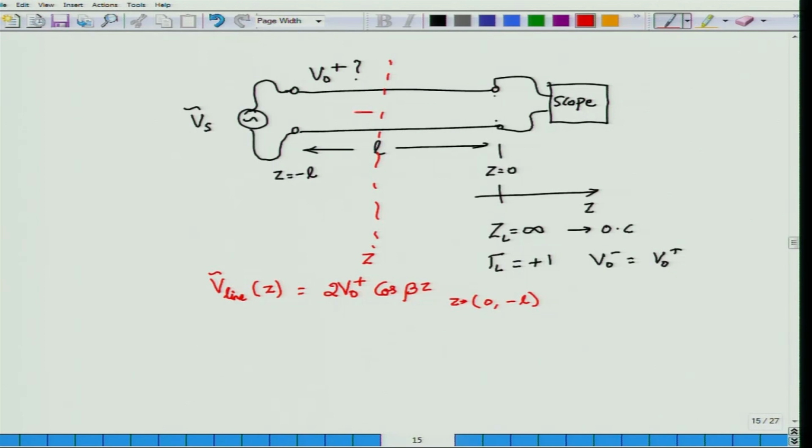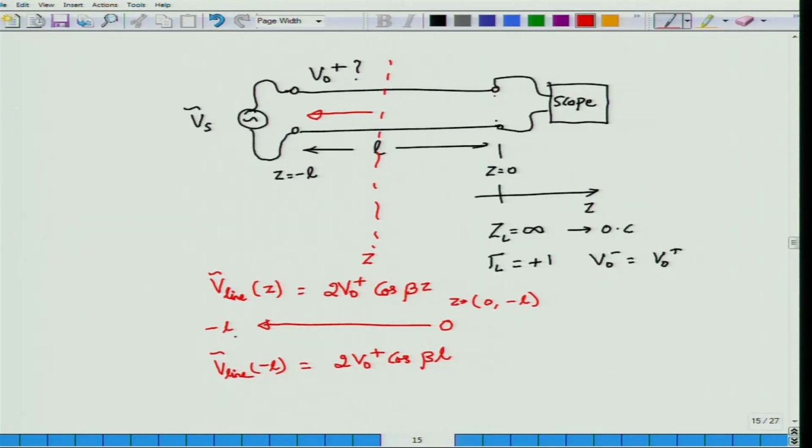And now let us start approaching the source, which means that Z starts to go from 0 to minus L. At the source point, or at the Z equal to minus L plane, if I evaluate what would be the line voltage, it turns out to be 2 V0 plus cos beta L. Of course, Z will be minus L, but the cosine function being an even function simply gives me cos of beta L, because cos of minus theta is equal to cos theta.